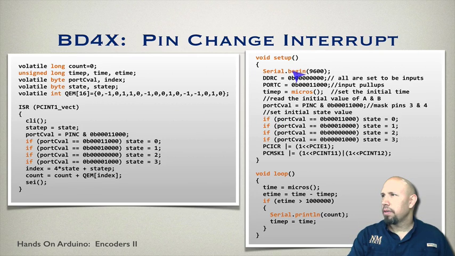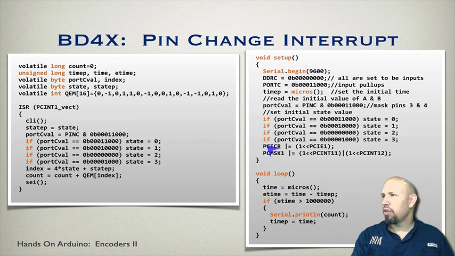In our setup, we basically set the data direction that we need. In this case, we're going to be using a shield that has a digital pot, and so it's going to require input pull-ups. That's why we have this going. Then we basically do here what we did in our interrupt service routine to determine the state. In other words, we need to set the initial state value so that we can work with it here in the index.